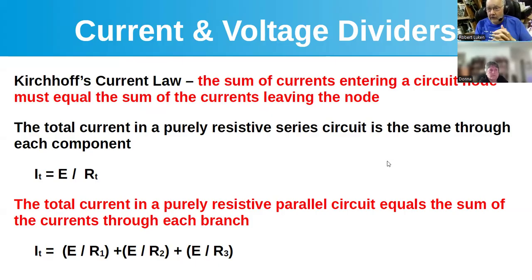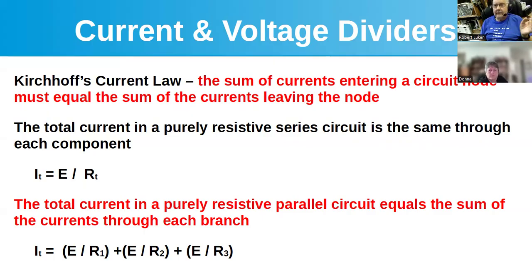If I have a parallel circuit, then the total current is going to be equal to the sum of the currents through each branch.